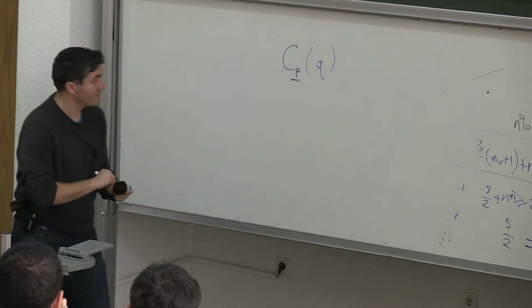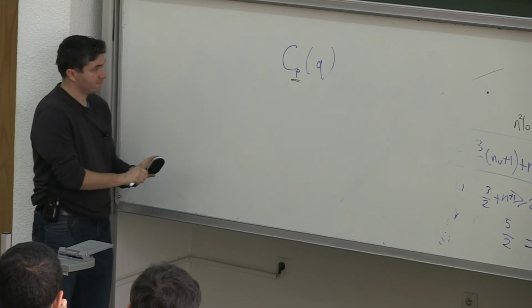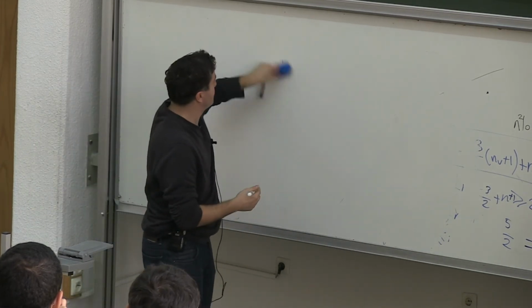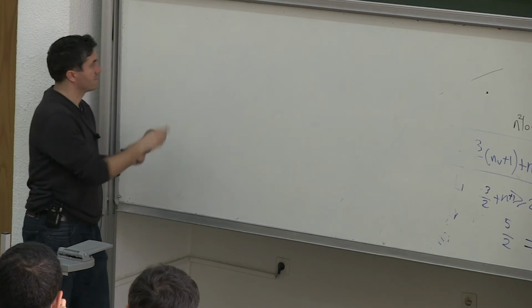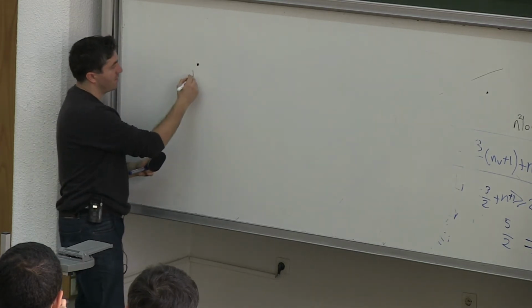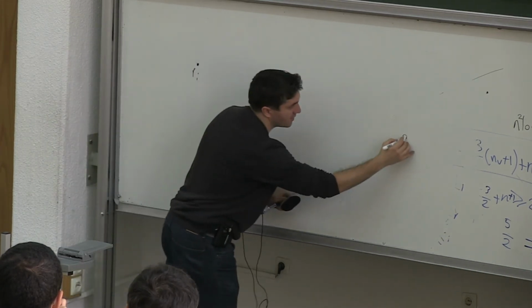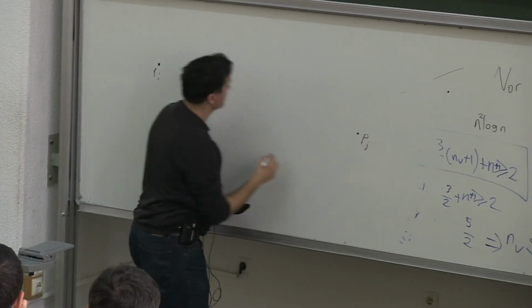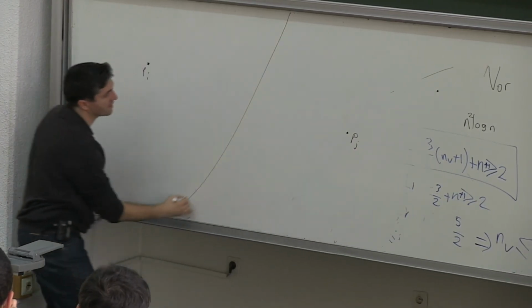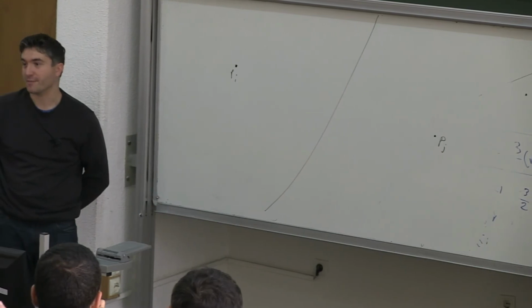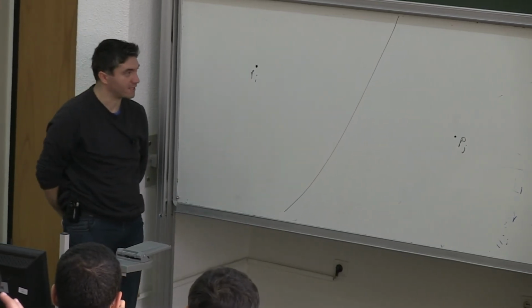So imagine there are 2 sites, Pi and Pj here. And imagine this is the bisector of these 2 sites.